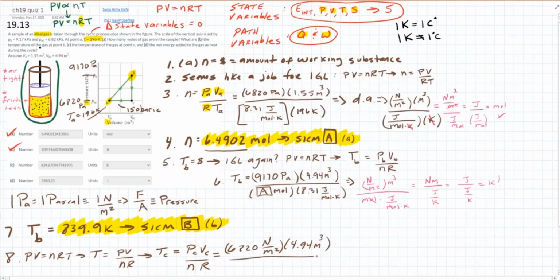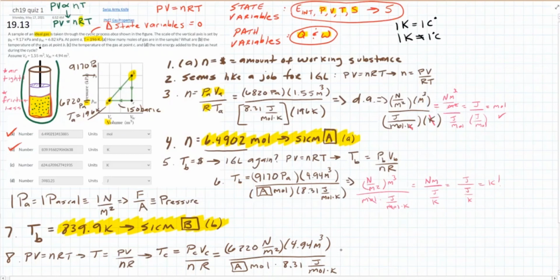Volume at C is given as 4.94 cubic meters. That's my numerator. n is still in calculator memory location A, units are moles. R is still 8.31 joules per mole Kelvin.